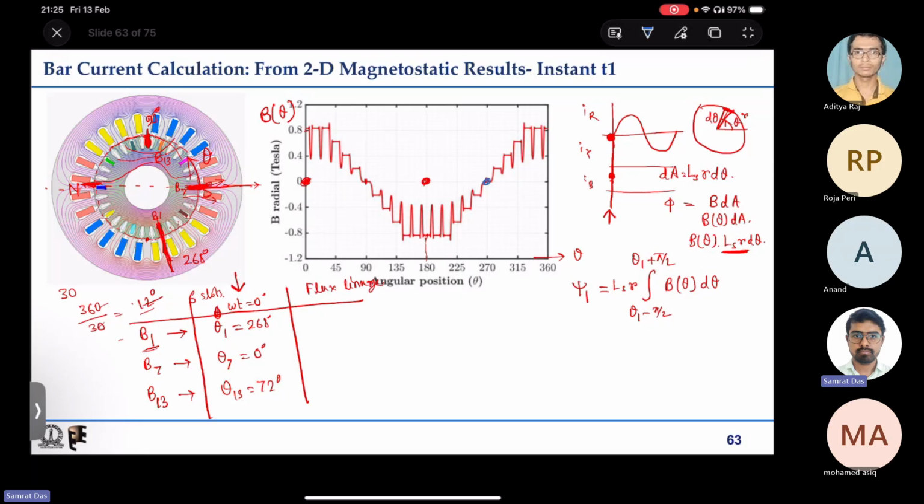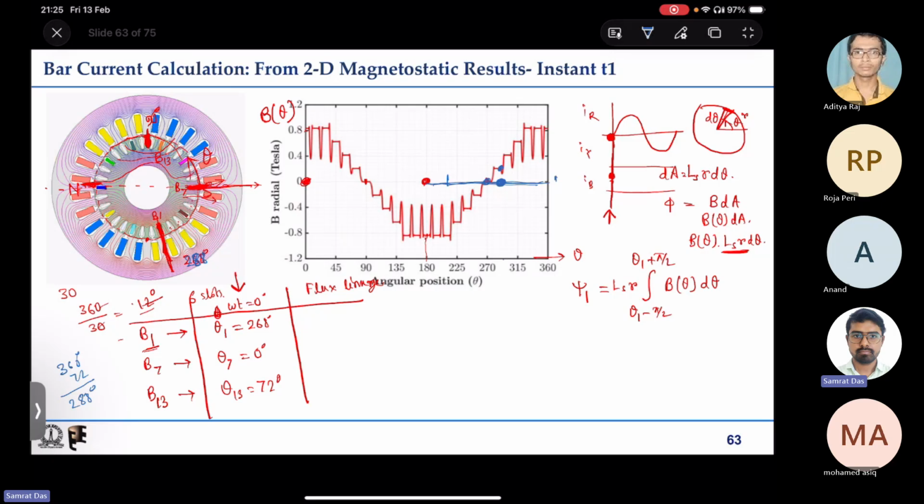This is 72, so 360 minus 72, that is 288 degree, not 270 degree. So yeah, 288, the conductor is located somewhere here. So you have to go 90 degree before and 90 degree after, and do the integration.